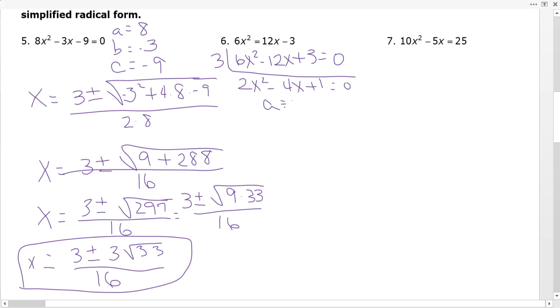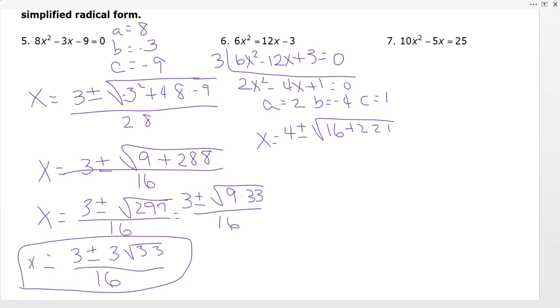So a equals 2, b equals -4, c equals 1, x equals 4 plus or minus the square root of 16 is b squared minus 4 times 2 times 1, that's a minus sign.